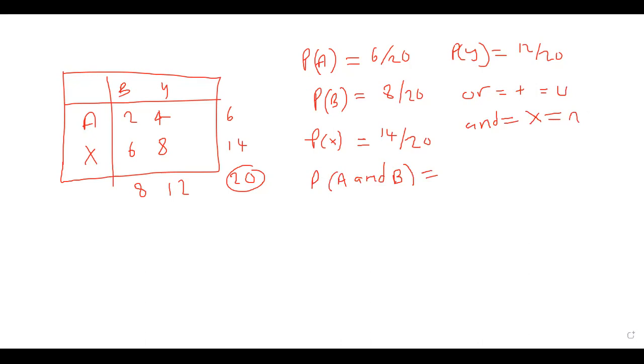That is equal to probability of A plus probability of B minus probability of A union B? Is she correct? I don't think so.